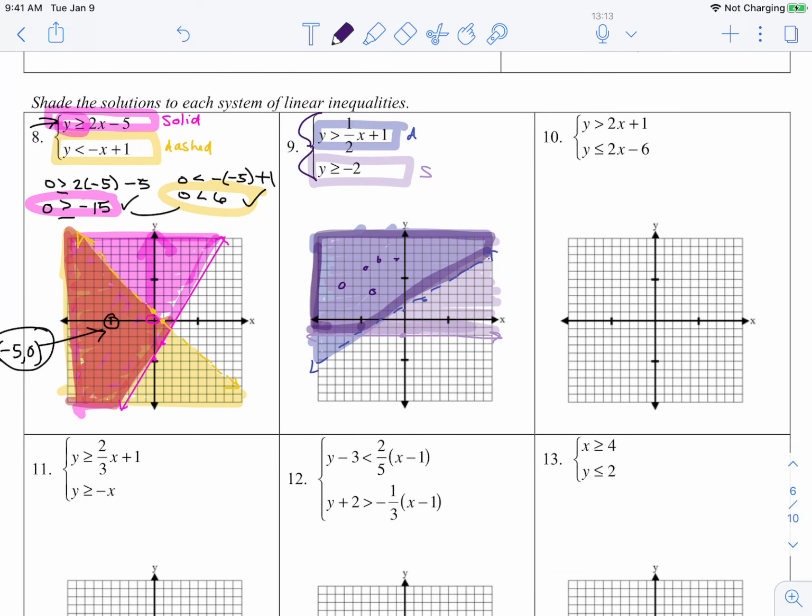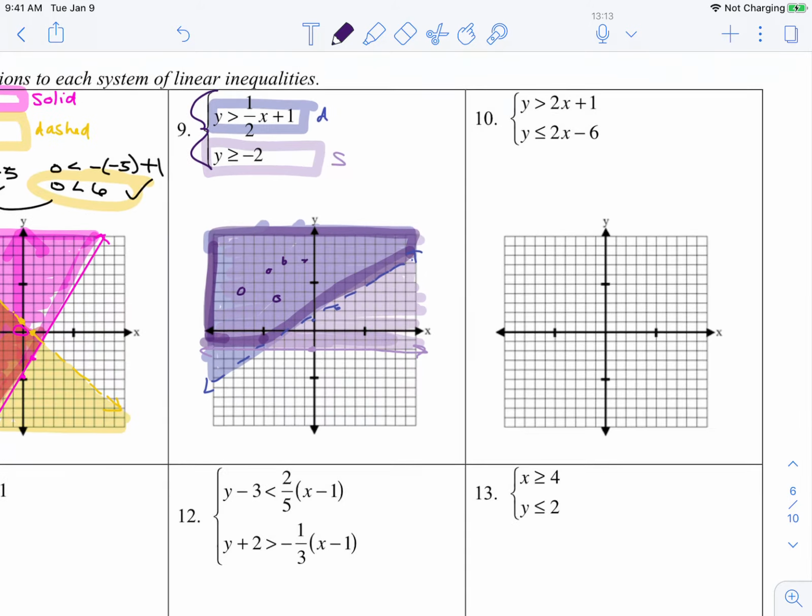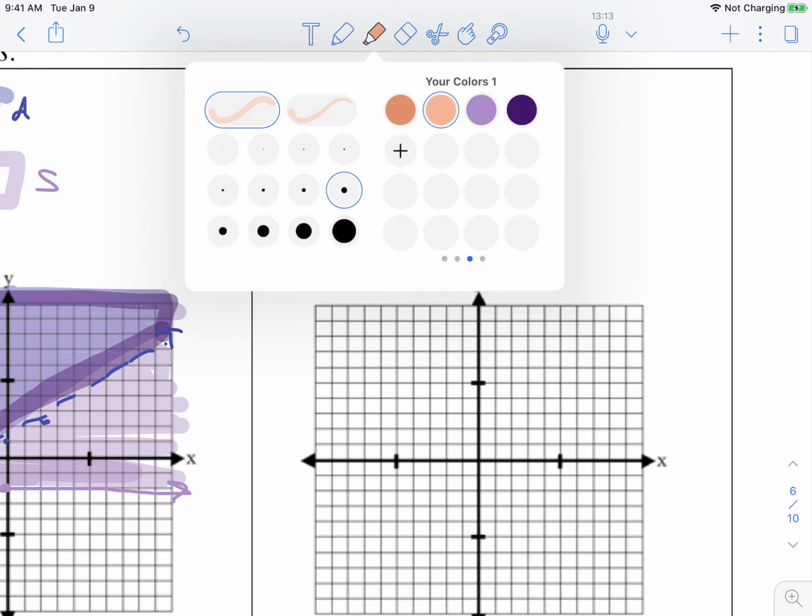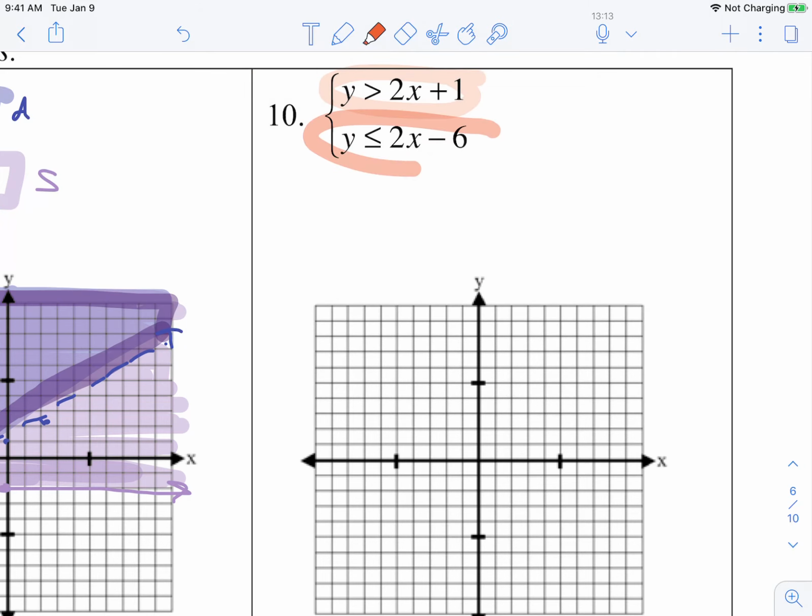And we're going to try one more. We're going to go with number 10. And I'm going to use yellow for my first one and orange for my second one.